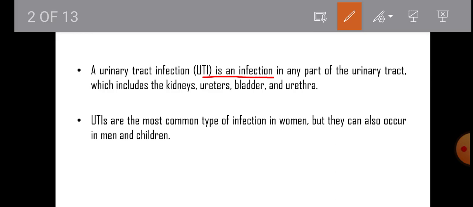As per the definition, it is an infection to any part of the urinary tract. These are the organs which come under the urinary tract, such as kidney, ureter, bladder, and urethra. Infection in any part of this system is commonly called urinary tract infection.